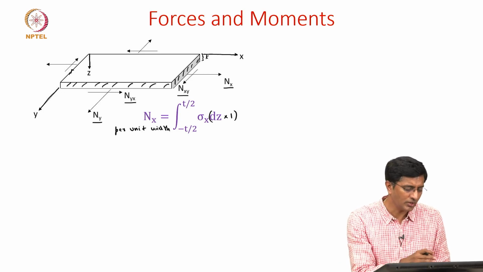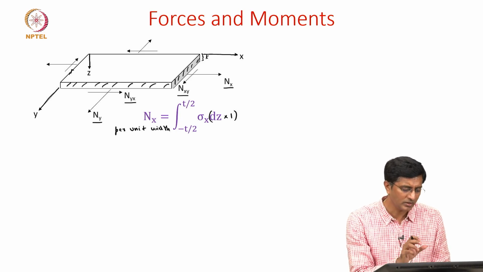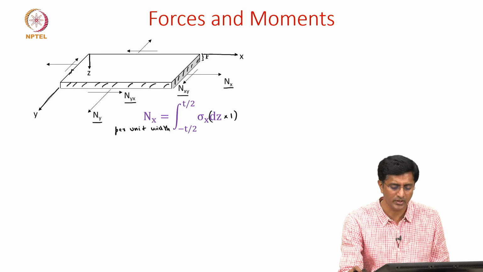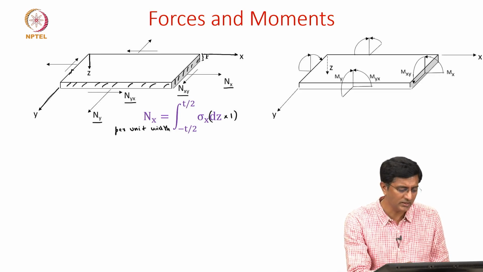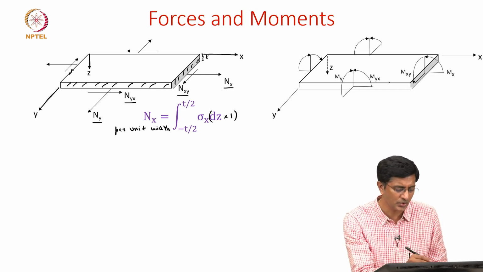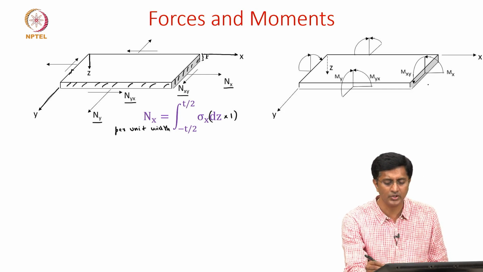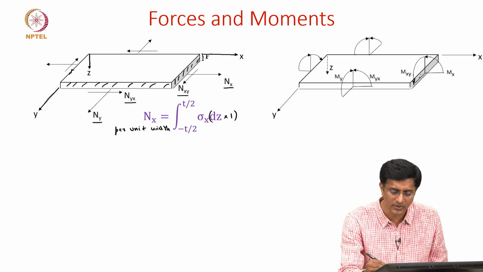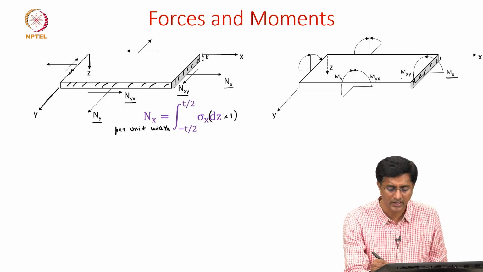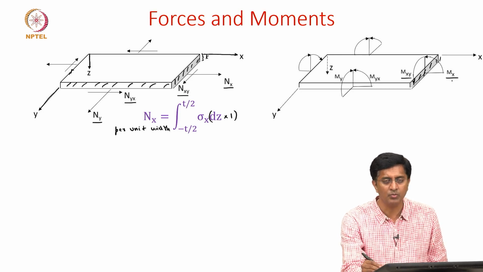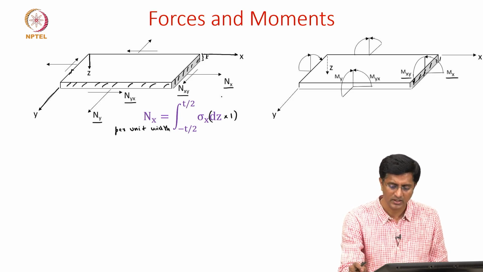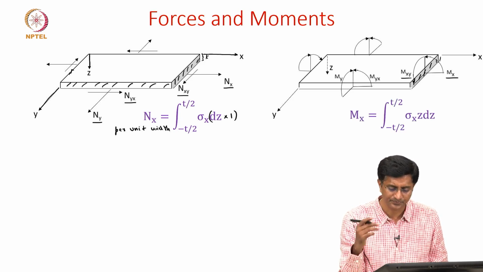So we'll look into the other components in the next slide, but similar to forces we will have another definition for moment. So here is again the same laminate. The only difference is, instead of showing the forces, now we are showing the moments. So on this plane, we show the moments Mx and Mxy. The moment Mx is coming from the stresses sigma x, and the definition is here.